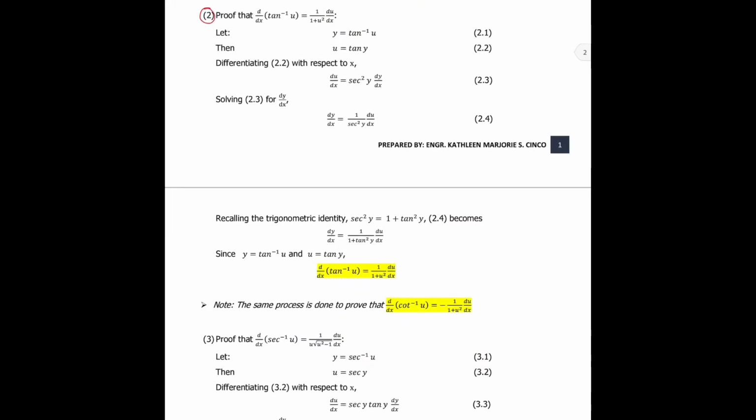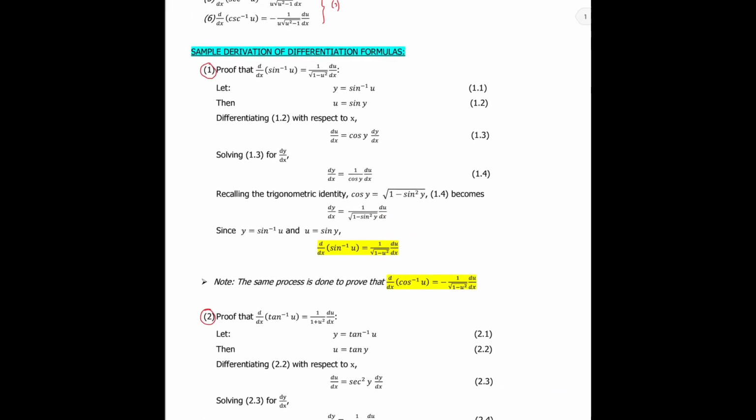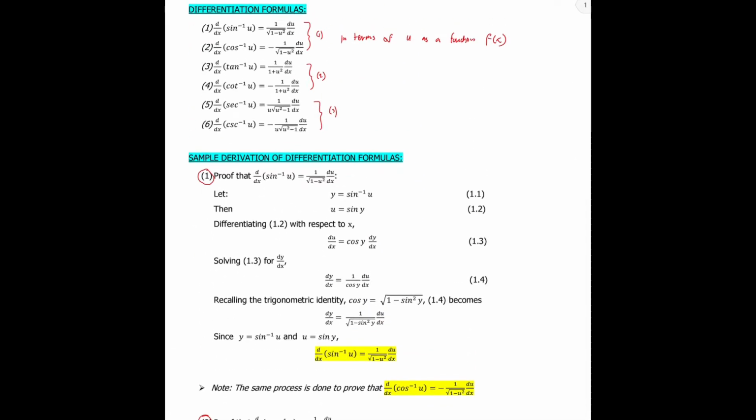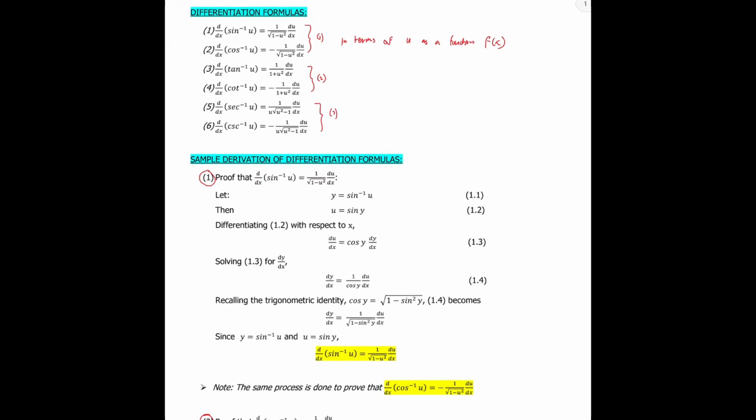So mao ni siya number 1, number 2, then number 3. So just in case na makalimot mo sa differentiation formulas, we have this derivation or proof na gihatag.